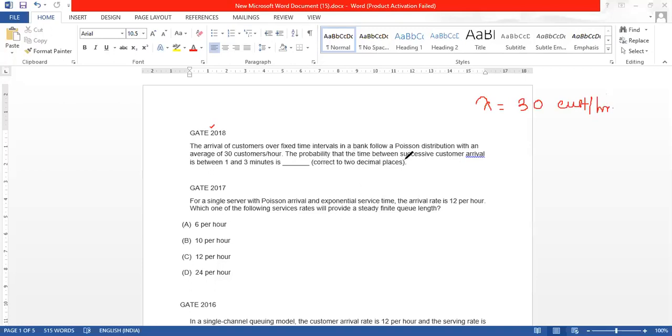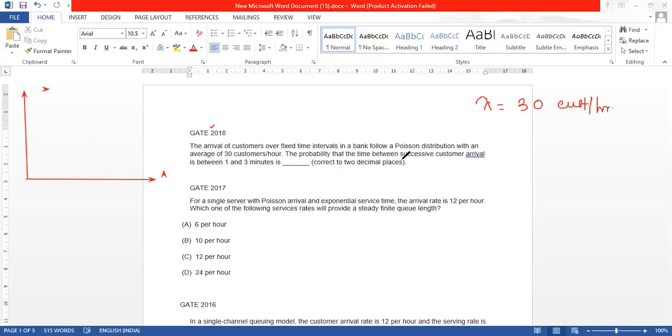What is the probability that the time between successive customer arrivals is between 1 and 3 minutes? I have discussed it. It talks about this curve.